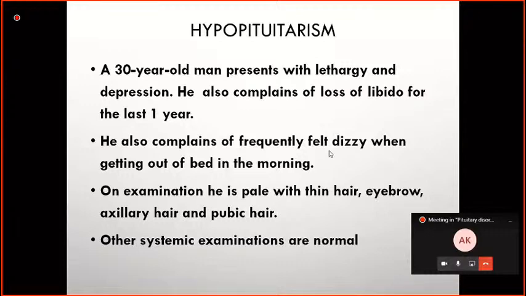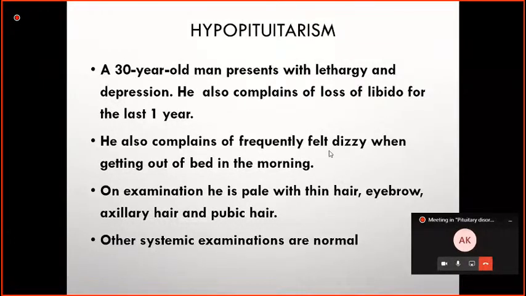Okay, do we have time for hypopituitarism? You already have your case study, so I suppose in the case study you already cover quite a lot on hypopituitarism. So I will just describe a case here.